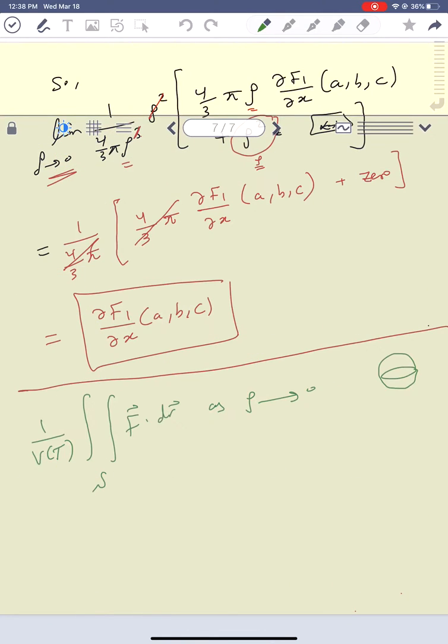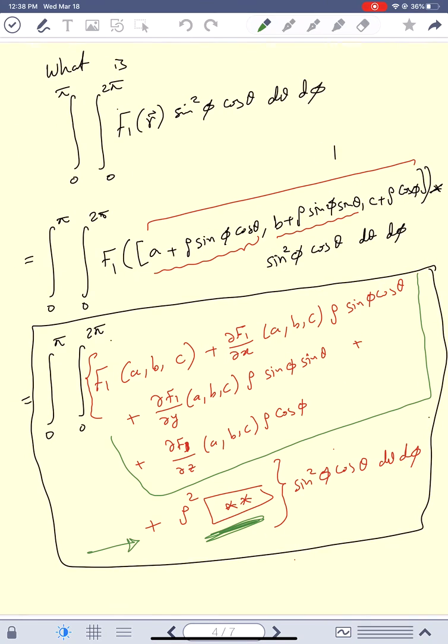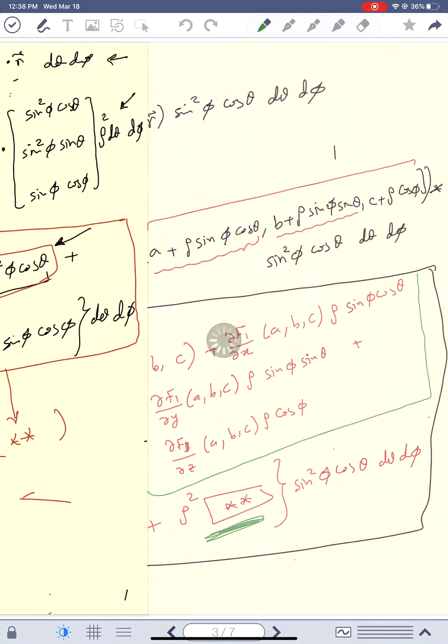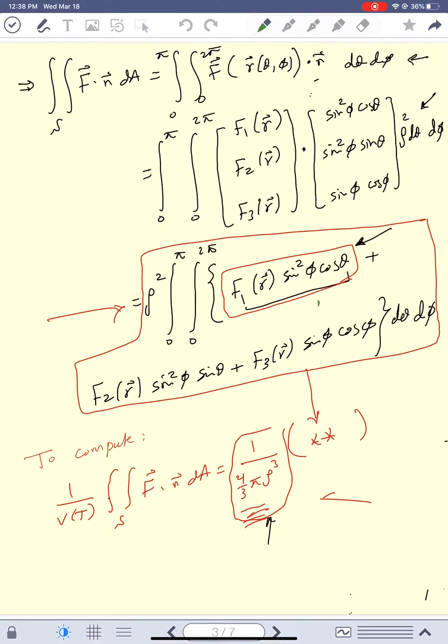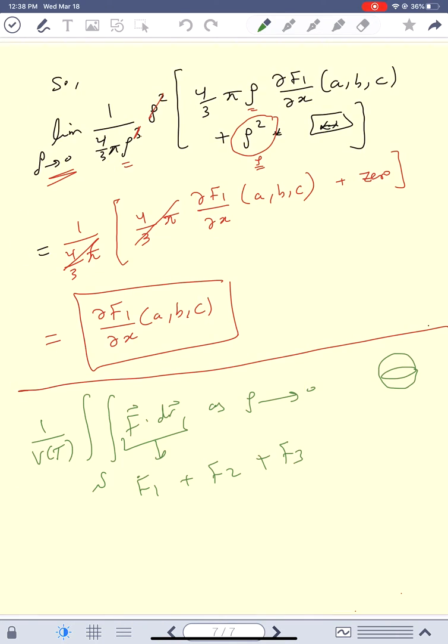Now this integral had three quantities: we had f1 plus something with f2 plus something with f3. We computed f1 only. These computations are only for f1. After doing all the computations for f1, we are left with df1/dx at (a, b, c).